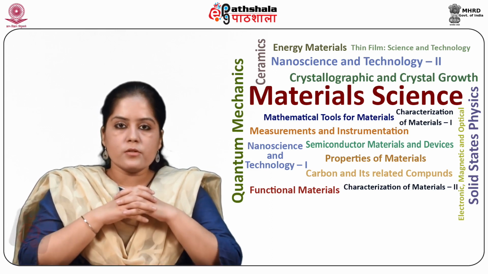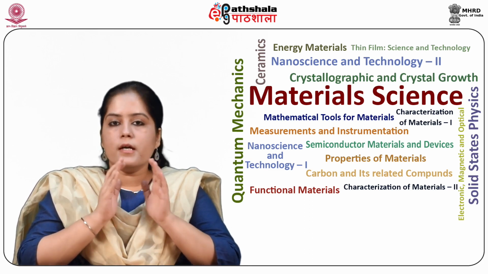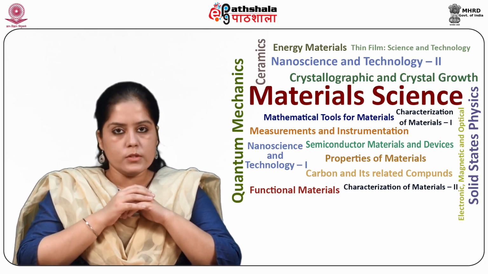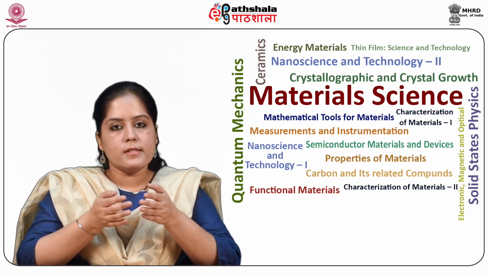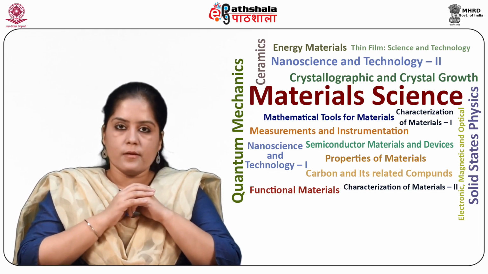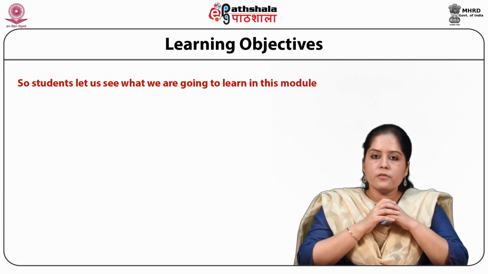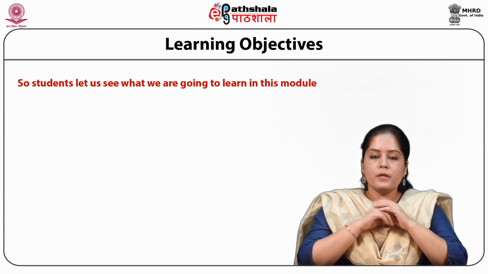Today we are going to discuss the module Semiconductor Materials and PN junction diode from the paper Semiconductor Materials and Devices. So students, let us see what we are going to learn in this module.